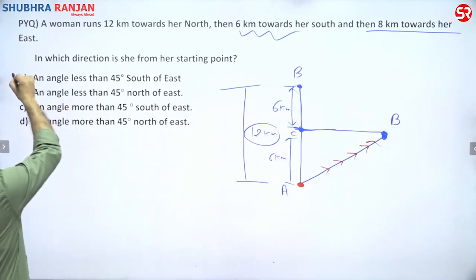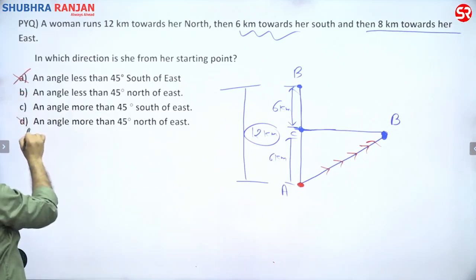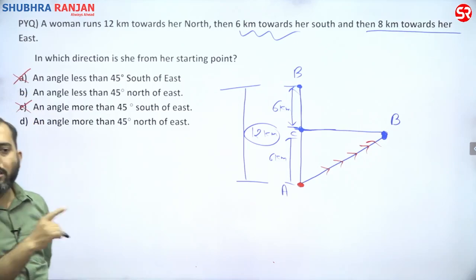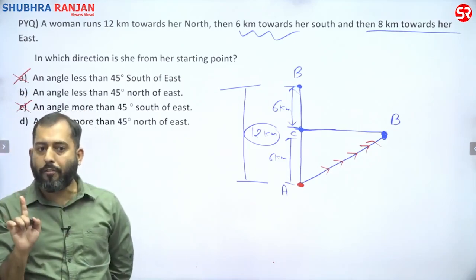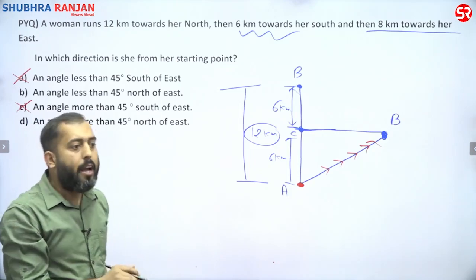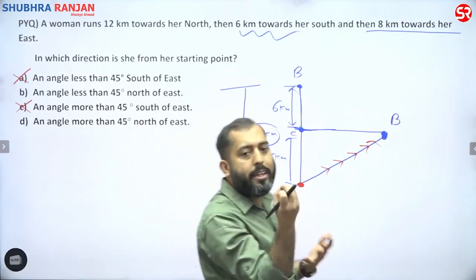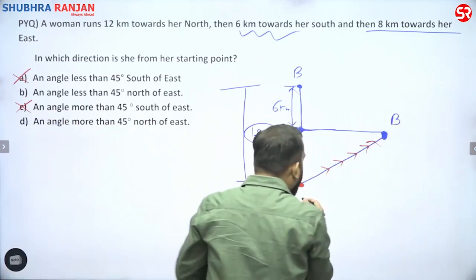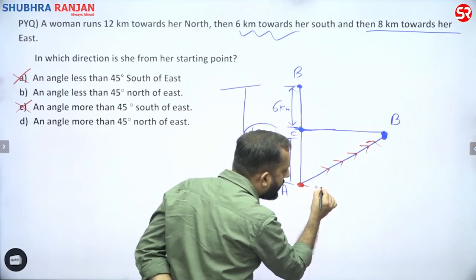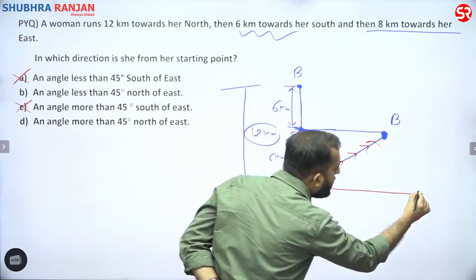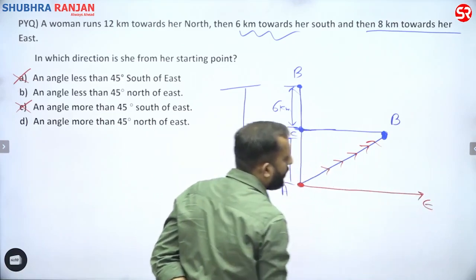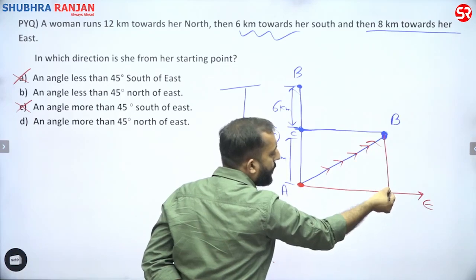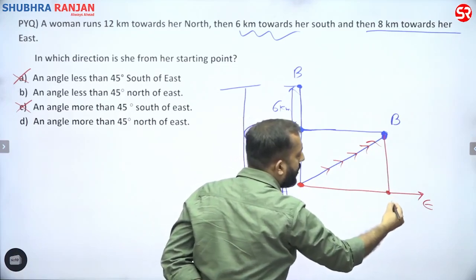So neither option A nor option D nor option C stand a chance, because we are sure that answer has to be north of east. Is this clear? Now we need to find out the angle. For finding out angle, we need to make a construction here. This is the east side of A. Let's draw a perpendicular from point B. If you draw a perpendicular from point B, let's say this is B dash.